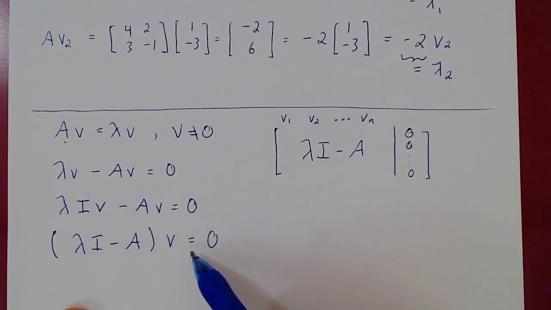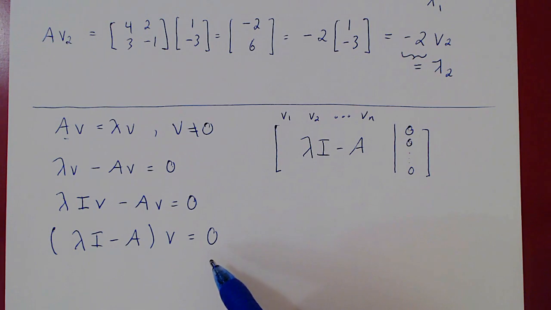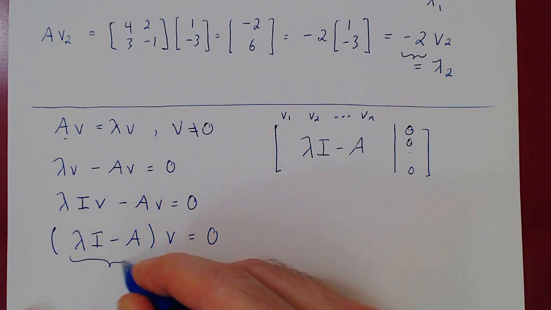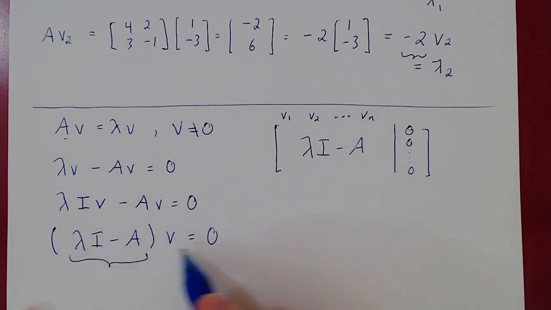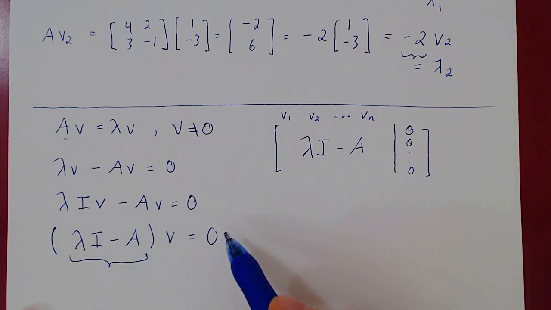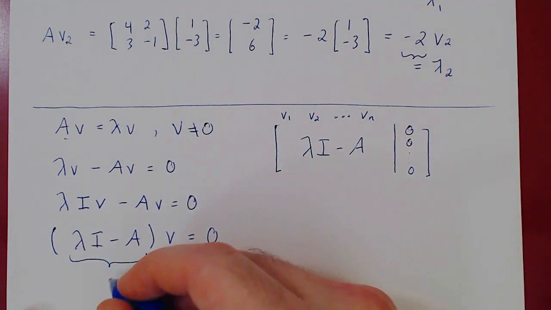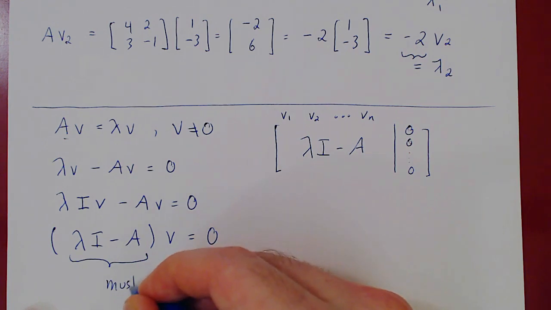Therefore, this linear system has to have at least two solutions, therefore an infinite number of solutions. Because of this, the matrix cannot be invertible. If it were invertible, you could multiply by the inverse on both sides, and v would automatically be the zero vector. Since we're looking for a non-zero solution, this matrix must be singular.